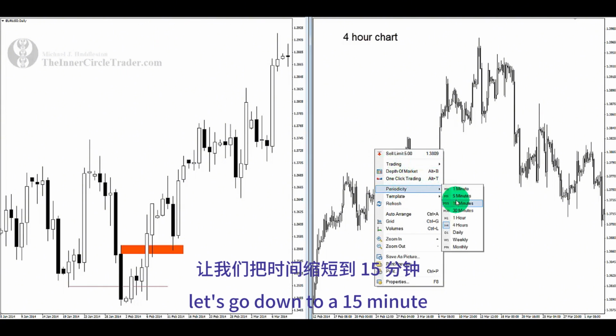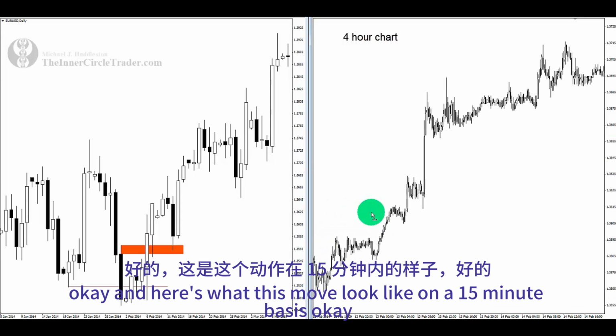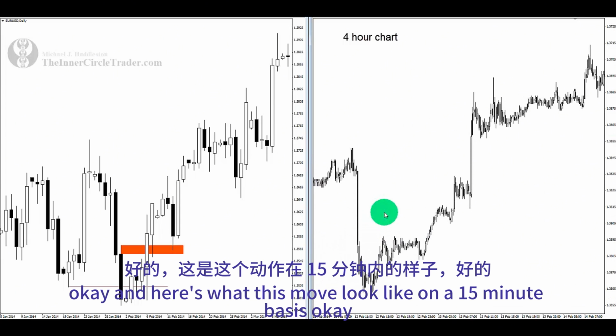Let's go down to a 15-minute. Okay, and here's what this move looked like on a 15-minute basis.